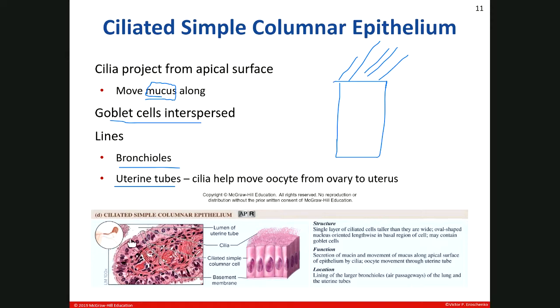That's how we know it's cilia. And then the cilia will beat back and forth, and as the oocyte is traveling by, the cilia will push it further down the uterine tube, making its way to the uterus. What's in the middle? That is going to be some of our connective tissue, some blood vessels there.